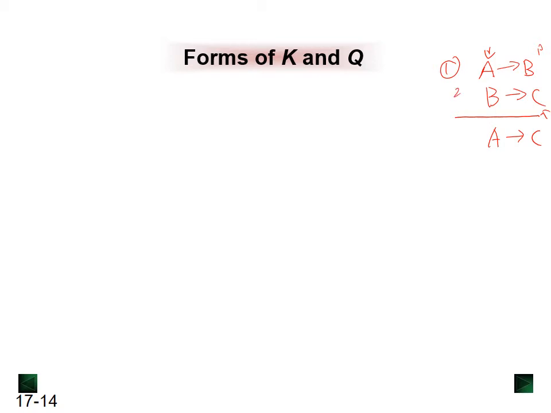In the second reaction, B is a reactant. You form B in the first step and consume B in the second step. So you can simply add these two reactions but cancel B, because it is formed and consumed. In the overall reaction, it does not appear, just A goes to C.